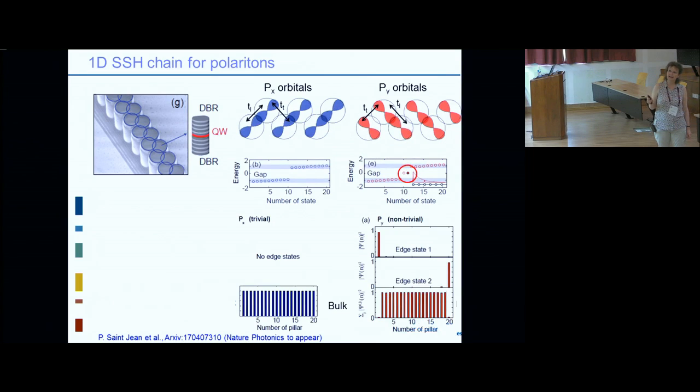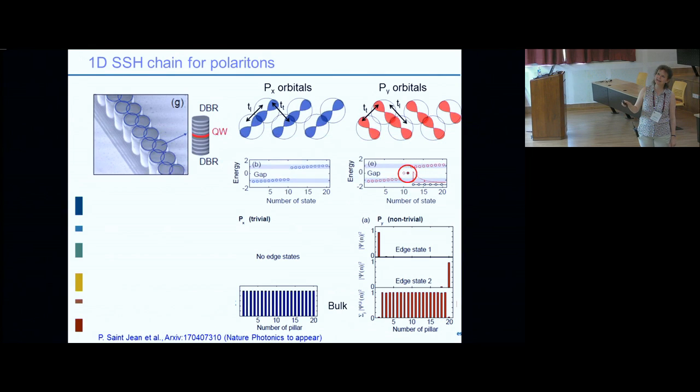So what is also interesting is if you look at the bands, so the modes, here we plot the square of the wave function of the states, all the states, so we sum the probability of a position on each pillar integrating over the whole band, so the bulk. So what you see in the trivial chain, which has no edge states, is that we have an equal probability on each pillar. These are the bulk Bloch modes.